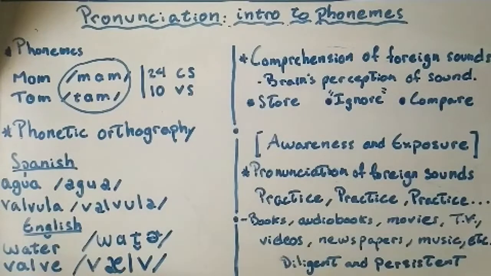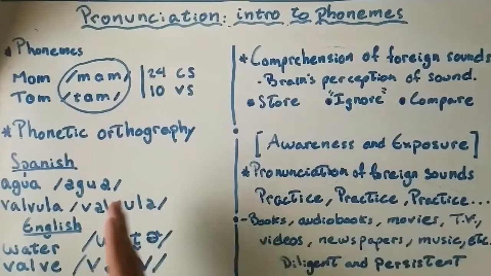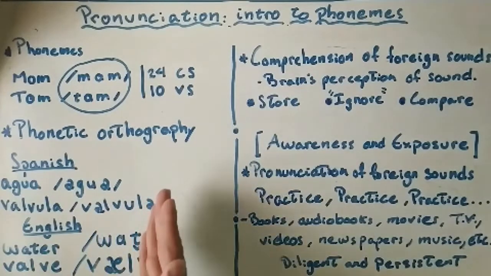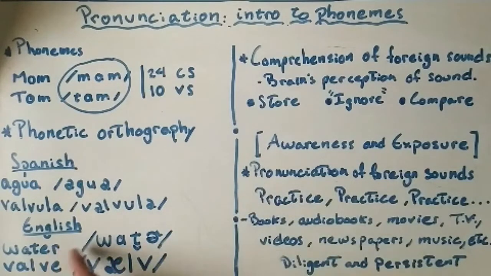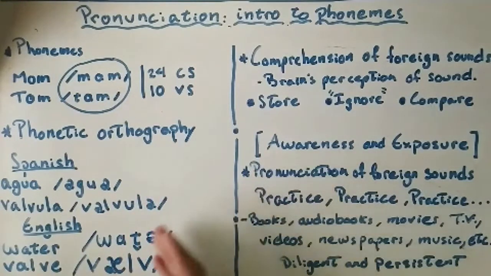While in English we don't have that advantage. So let's look at the translation of these two words. We have water, and we have the w sound, an r sound, and so on. With that we make water.